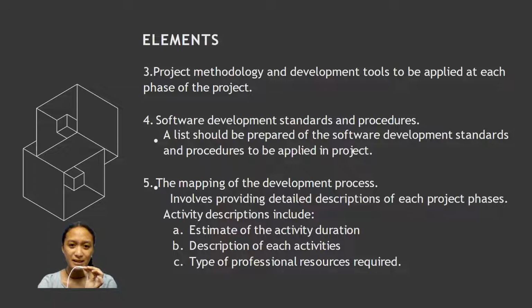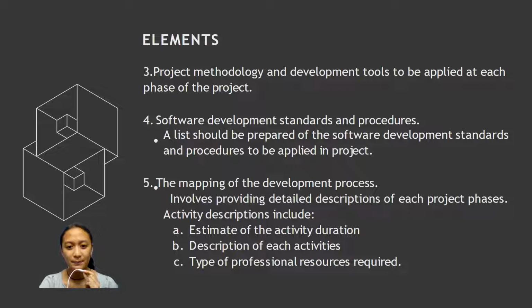Third element is the project methodology and development tools that are going to be applied in every phase of the project. Fourth is the software development standards and procedures. A list should be prepared of the software development standards and procedures to be applied in a project.